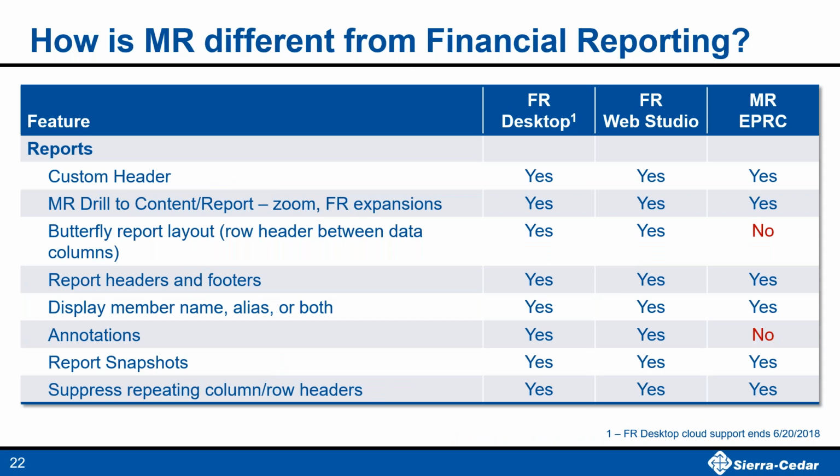So with custom headers, management reporting has automatic and improved freeze headers when scrolling large HTML reports. And you'll see that actually in the demo that I'm going to be doing soon. In FR, we have expansions. In management reporting, we have a zoom feature. And with zoom, you're able to zoom to children, descendants, or bottom level. That can also be applied at segment level, grid level, or ad hoc mode.